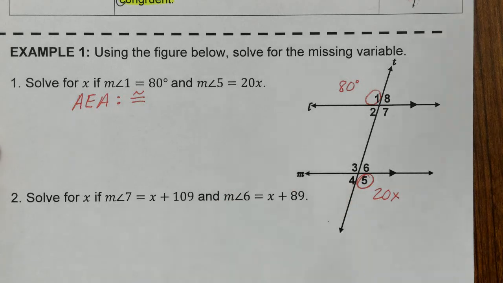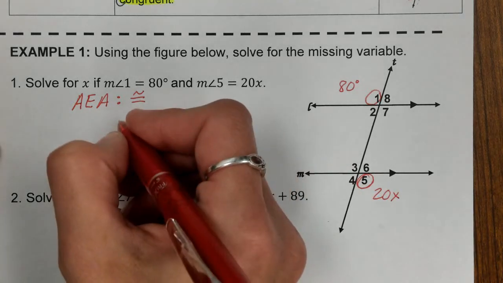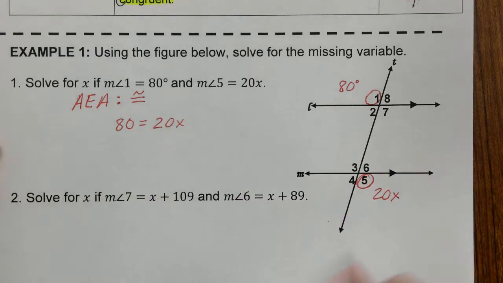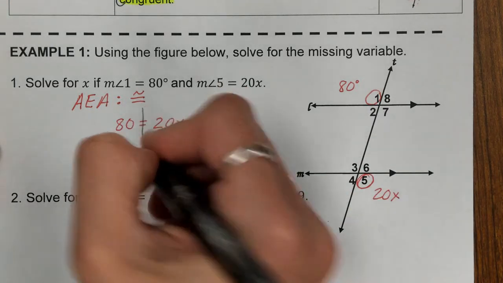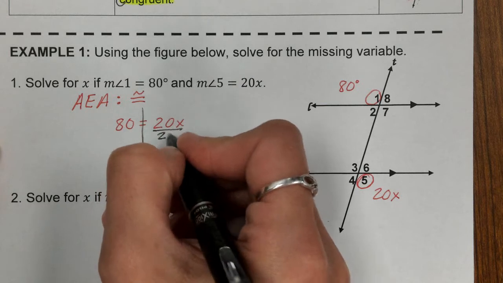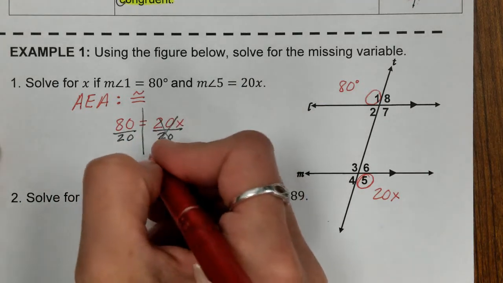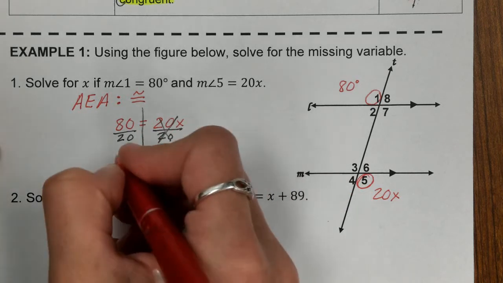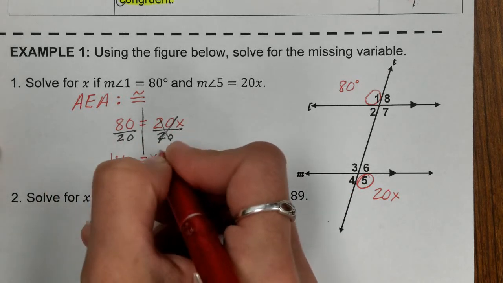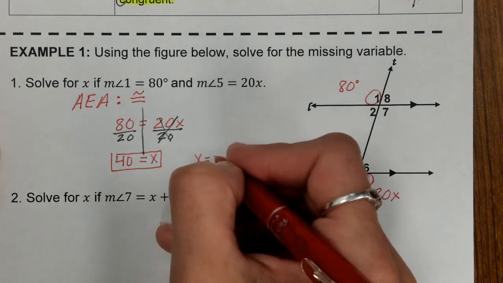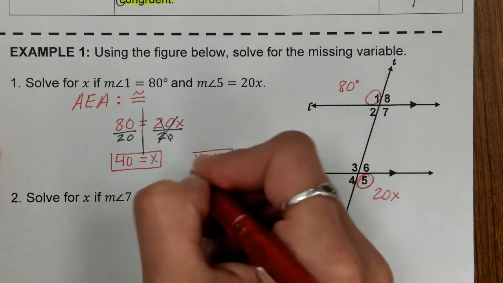So we will set these equal to each other. So I will take the 80 is equal to 20x, and we will go through and solve for x, one step only. Nice, easy. We divide by 20. X is going to equal 40. If you don't like to see it like this, you can use your symmetric property and say x equals 40. Okay?